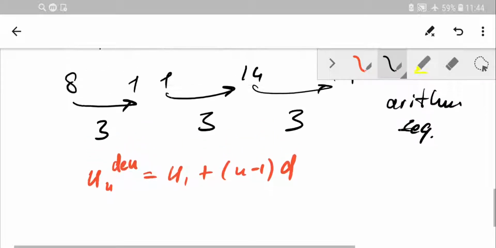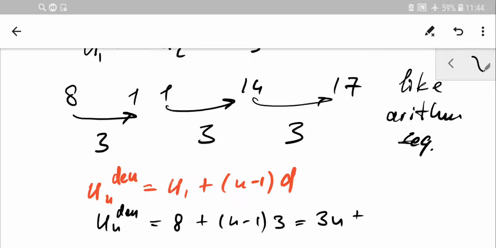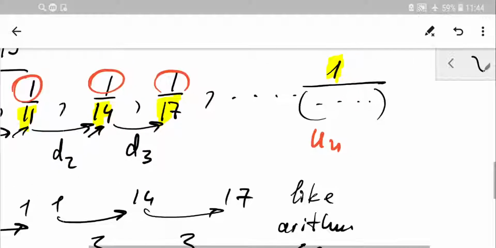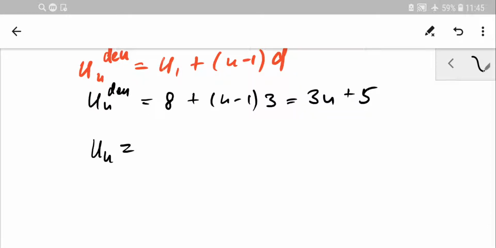Let's calculate using our values. The nth denominator is 8, the first term, plus the number of steps, n minus 1, times the difference. Let's simplify, and we'll get 3n plus 8 minus 3, which becomes 3n plus 5. So that's the general formula for the nth denominator. Can we plug it in instead of the nth term's denominator? Yes, of course. So that's why the nth term should have the following formula.